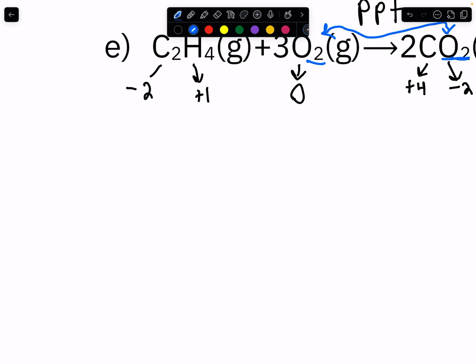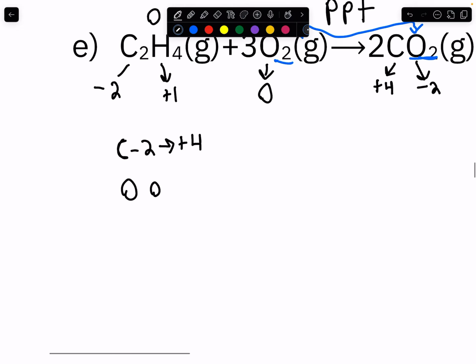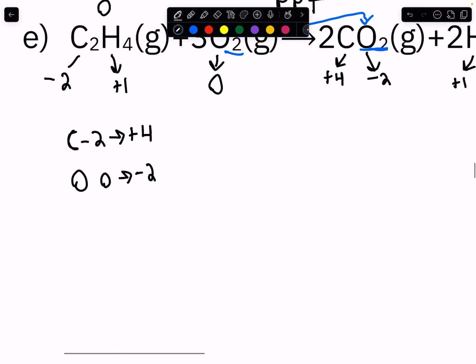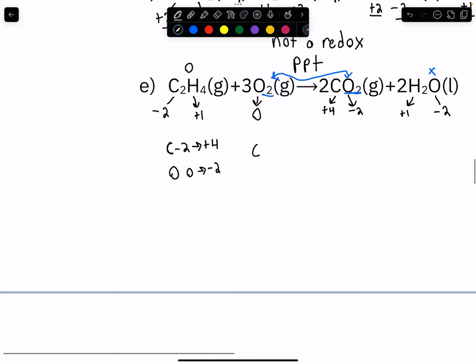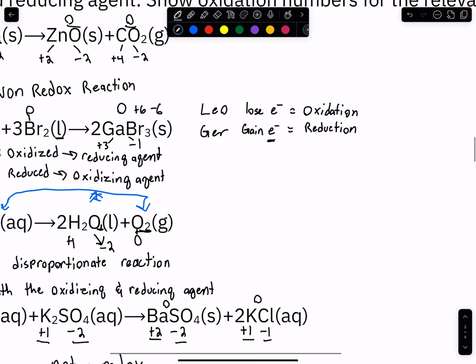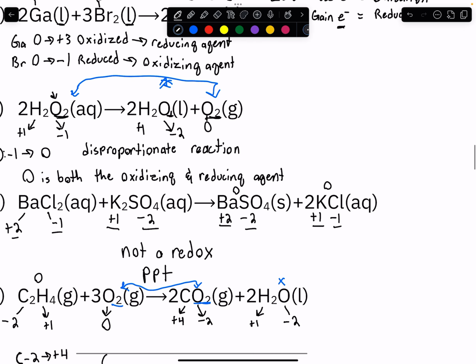In this case, we can obviously see that carbon is going from -2 to +4, and oxygen, or our O2, is going from 0 to -2. In this sense, we would say that carbon, like our little saying up here, has lost electrons.